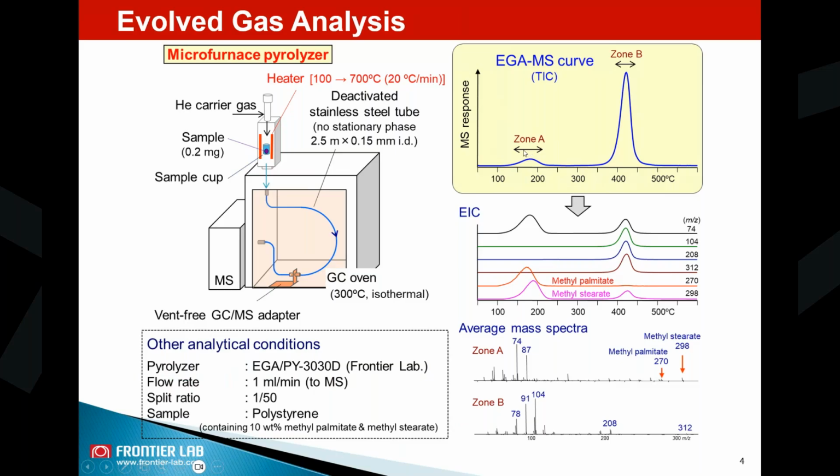Whereas here, the peak intensity refers to the different compounds that are evolved during the heating process. So in summary, what I can say is that EGA-MS gives the chemistry of the degradation pattern in addition to the thermal stability or the peak top temperature.